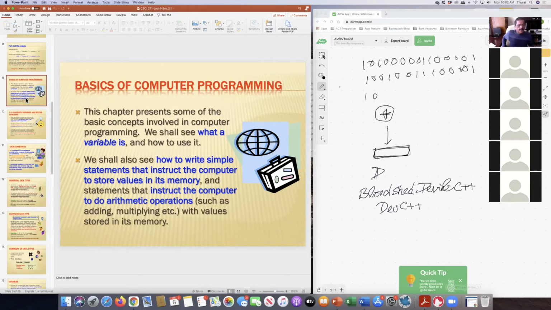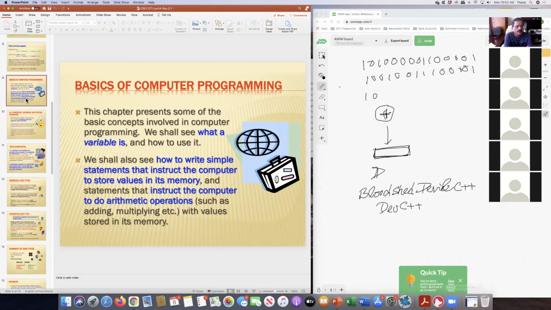So in chapter 1, we learned about the basic ideas involved, basic background knowledge you need, basically mathematical background, such as binary coding and octal coding. So that's the basics. Now we are going into computer programming. And in this chapter 2, we'll be learning the basics in computer programming.